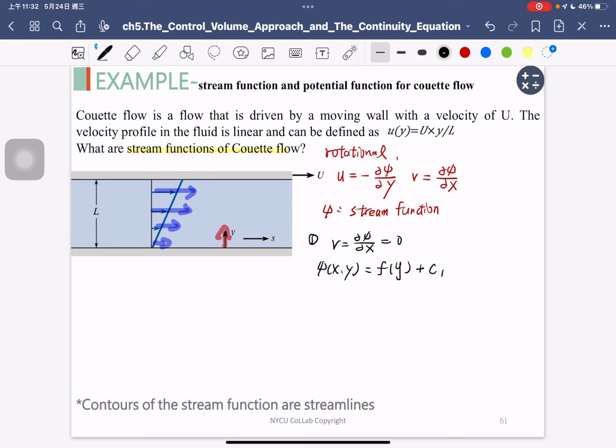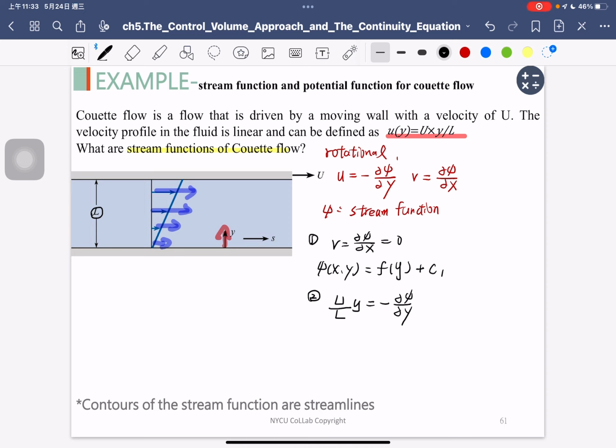And for the second condition, we know that in the Couette flow we have a linear velocity gradient. So u is defined here: u is the capital U, and L is the depth here, and the y function will equal minus dψ/dy, right?